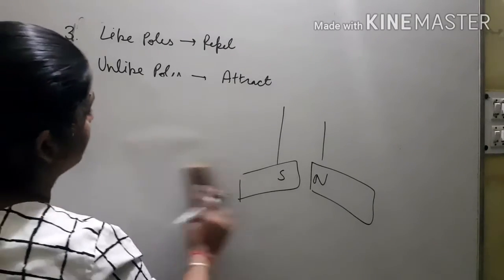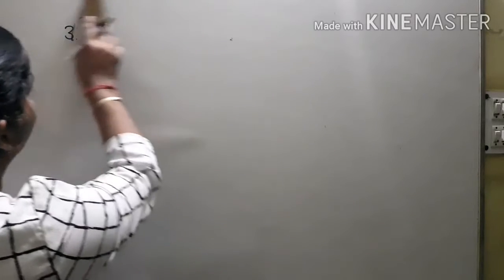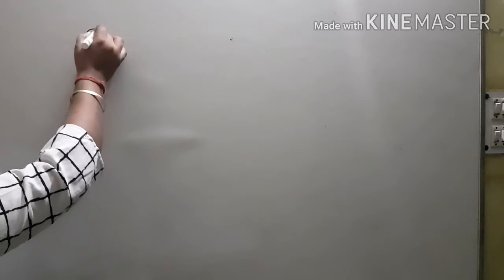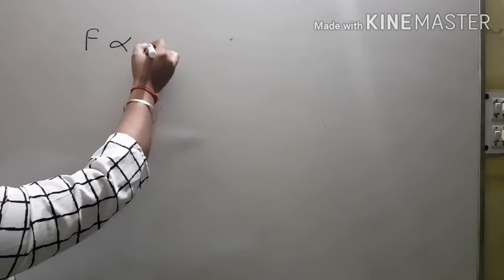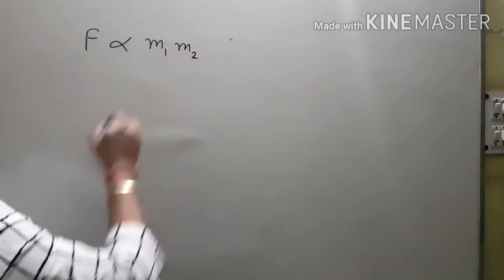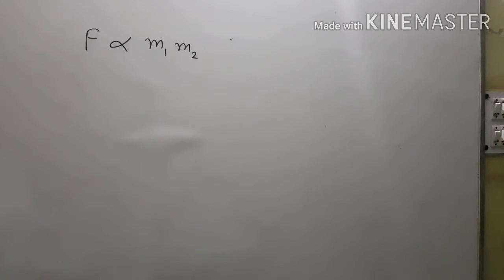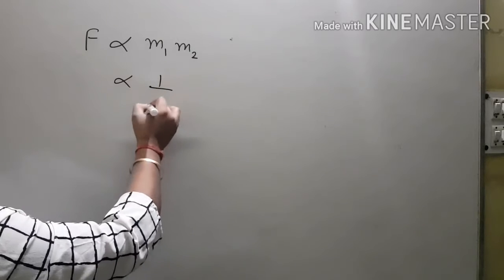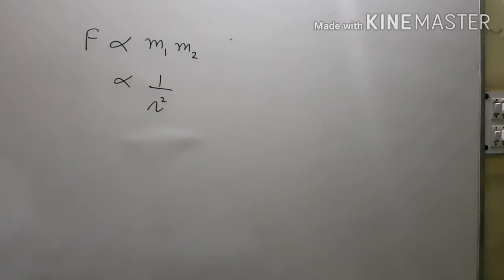Next property is that there is a force of attraction or repulsion between poles. This force is directly proportional to the product of the pole strengths and inversely proportional to the square of the distance r between the poles.